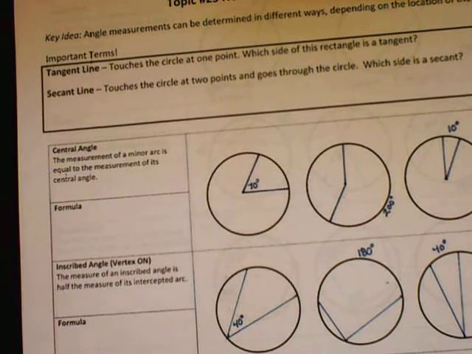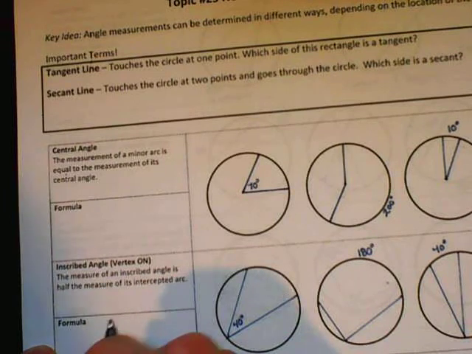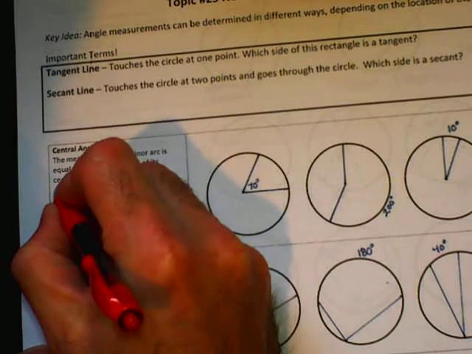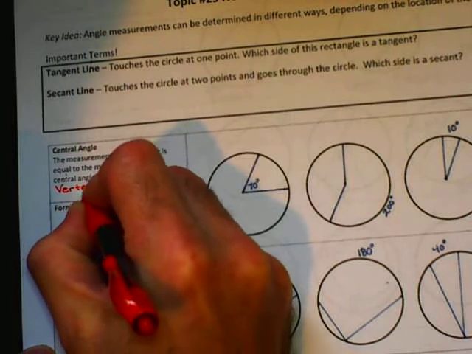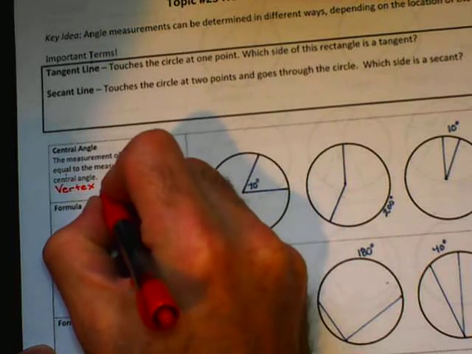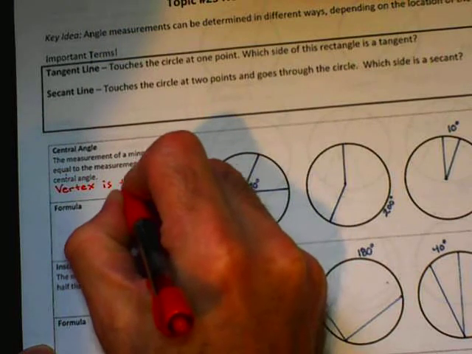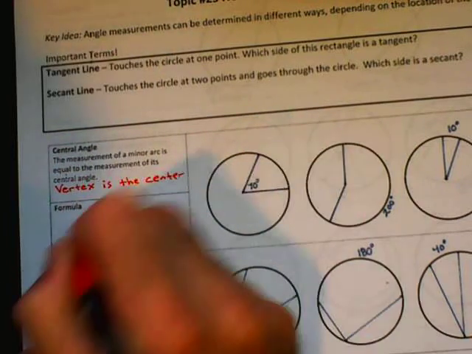With central angle relationships, the vertex is the center of the circle.